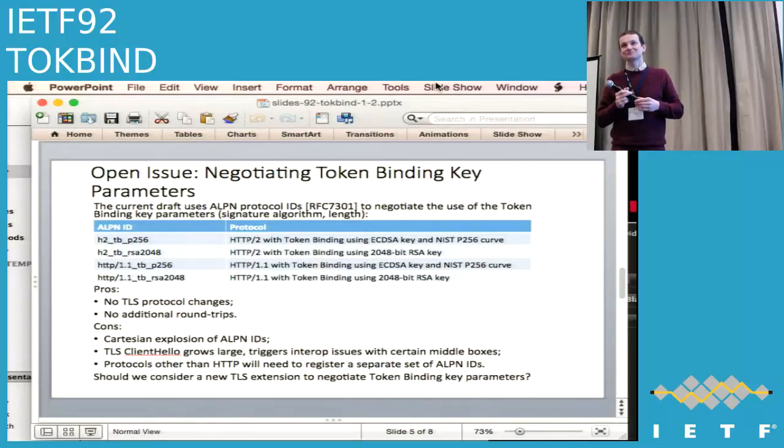The concern is, it's an attractive thing to look at the TLS layer and think, well, maybe we should use ALPN or maybe we should use extensions. But when you get right down to it, what you really want to do is have some sort of signal at the HTTP layer that says, I'm willing to sign whatever it is that I need to sign in the following fashion. Now, the obvious thing to do at the TLS layer is say, well, you've got the signature algorithms extension, and just use that.